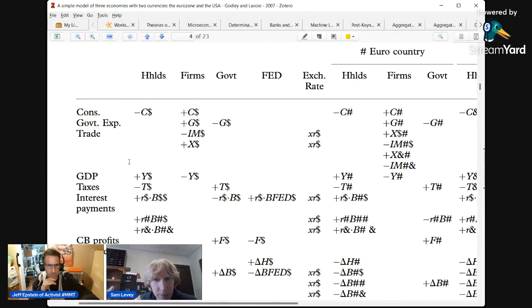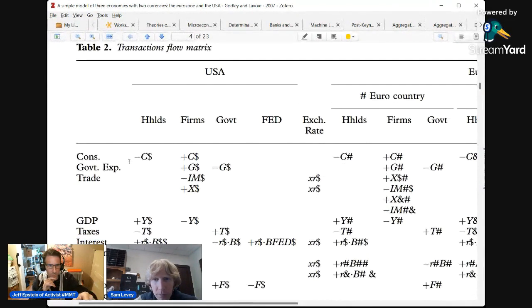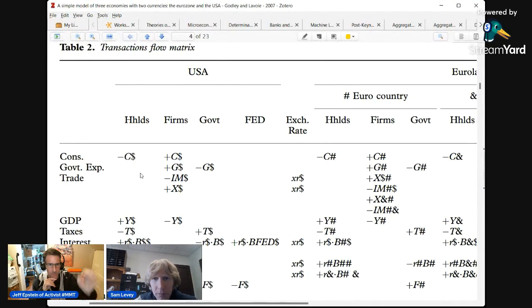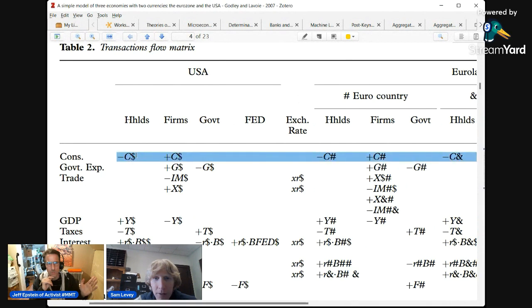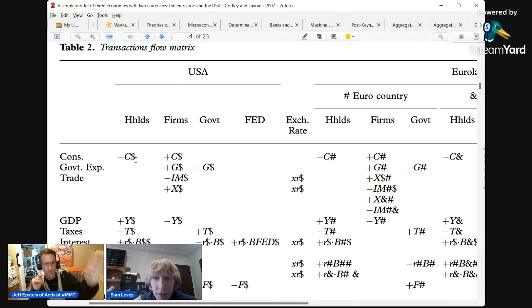So for example, the top left corner is consumption for households in the United States. What does that negative C mean? The negative sign indicates that the households are spending money, so money is moving from households to firms. Yep, that's exactly right. One thing you can read off this table is that consumption only happens within a country.